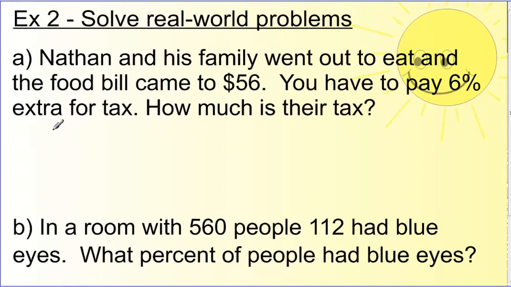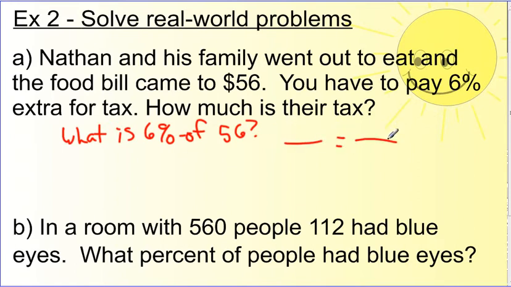So the question I'm asking myself in my head is, what is 6% of 56? If you're able to write out a question like this, we know how to solve that. We just did it like 12 times.